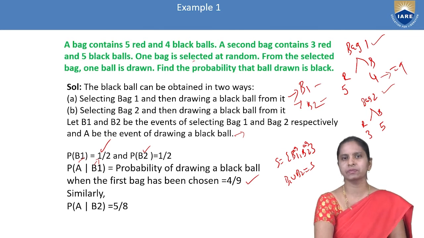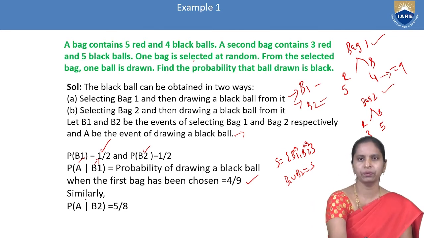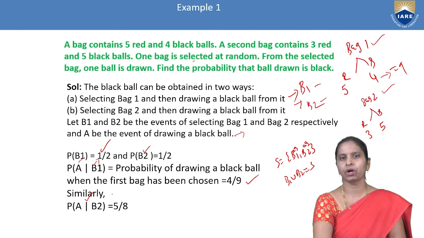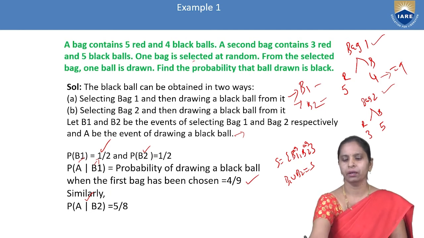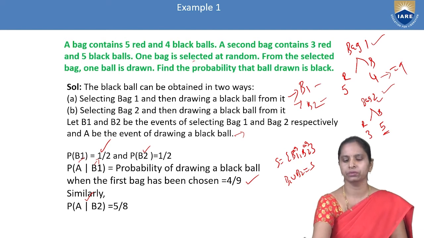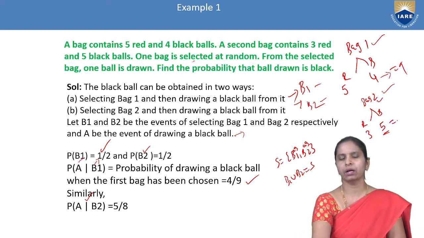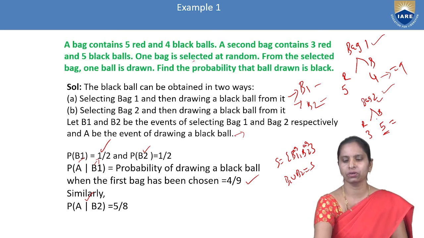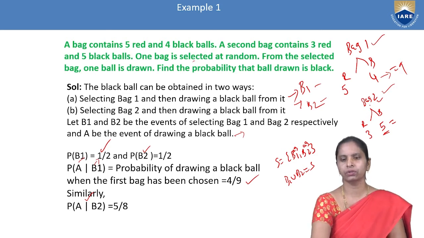And similarly, what is P of A by B2? P of A by B2 is nothing but the probability of drawing a black ball, given that the ball is selected from bag 2. Now, how many black balls are there in bag 2? 5 black balls.